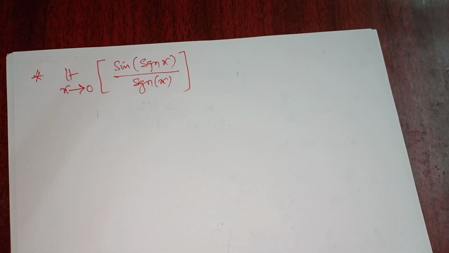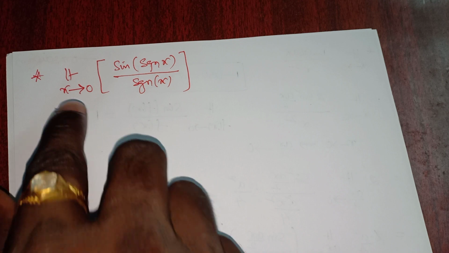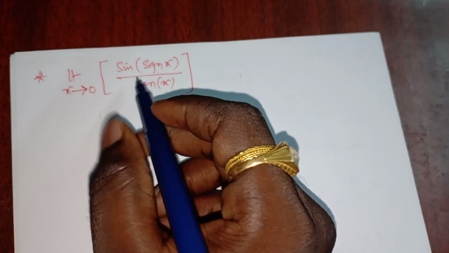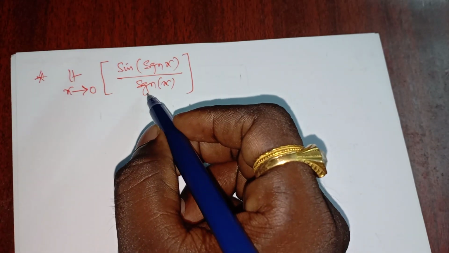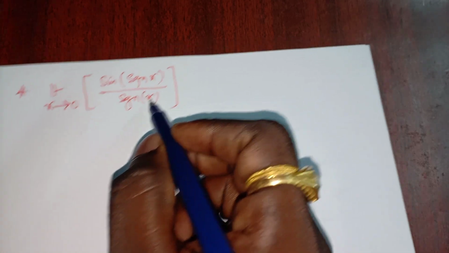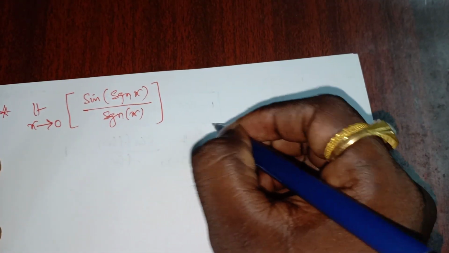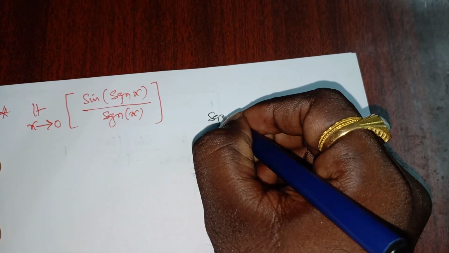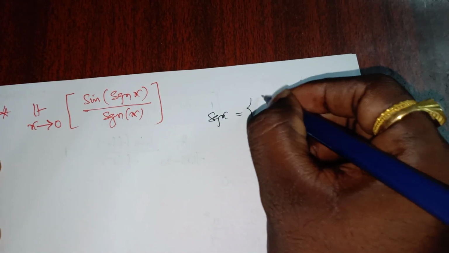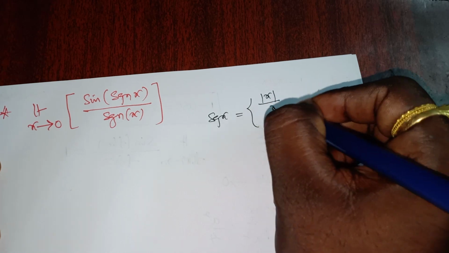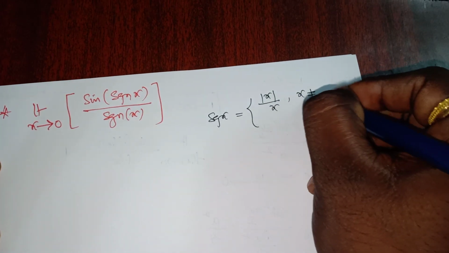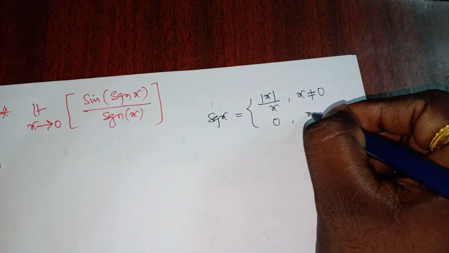Here, limit x tends to 0, [sine of signum of x divided by signum of x]. First of all, we all know about signum of x. What is signum of x? It is equal to modulus of x by x when x is not equal to 0, and 0 when x is equal to 0.